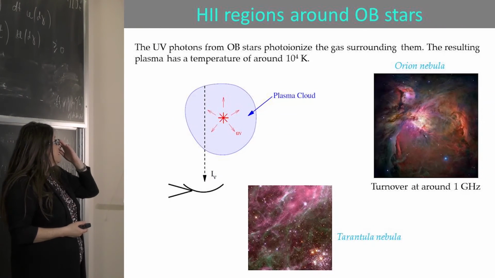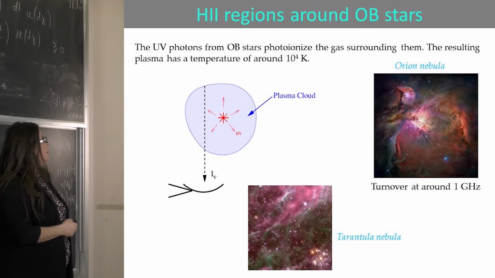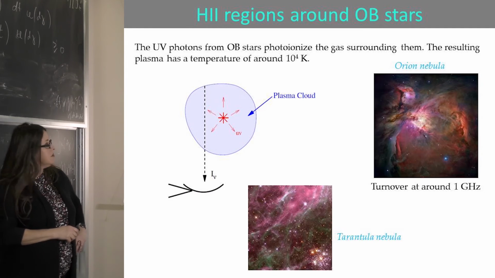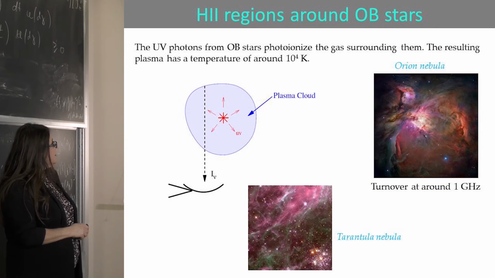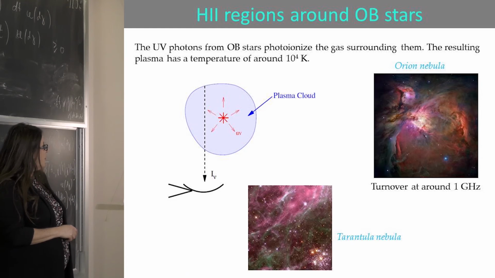Examples in astrophysics: the H2 regions are a very good example of Bremsstrahlung emission. Here you have an OB star which is photoionizing all the gas surrounding the star, and the resulting plasma has a typical temperature of around 10 to the 4 Kelvin.